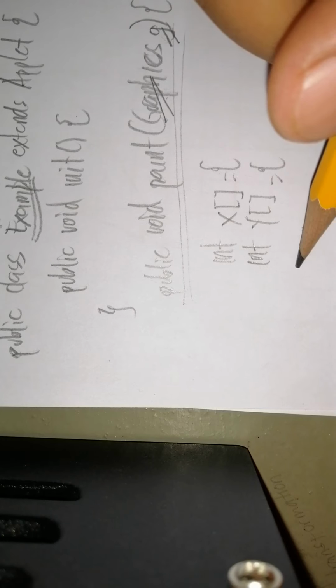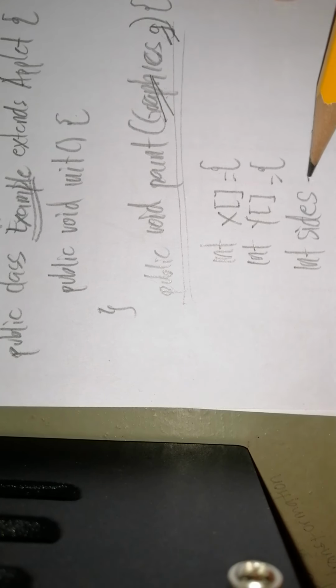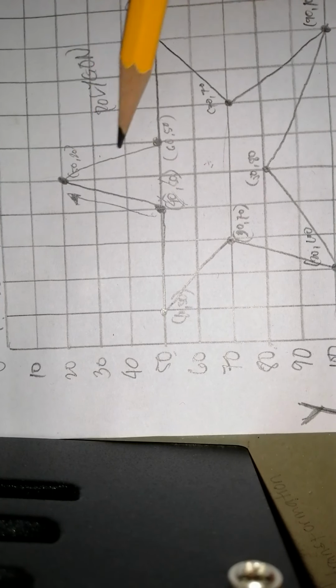Then of course we have int sides, or how many sides our polygon has. If we look at the polygon, we have 1, 2, 3, 4, 5, 6, 7, 8, 9, and 10, meaning we have 10 sides. So we have identified our 10 sides.